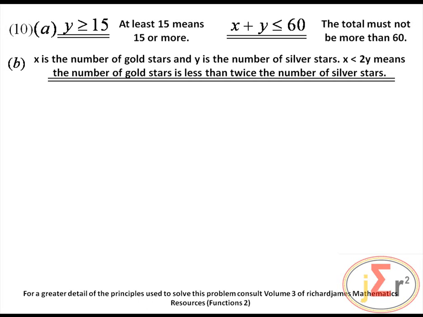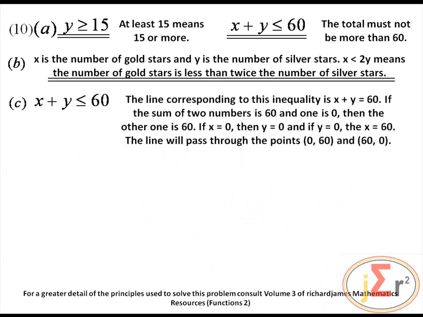We are now about to graph the inequalities. But before doing so, we need to be settled as to the specifics of some of the lines that we will draw. So, X plus Y is less than or equal to 60. The line corresponding to this inequality is X plus Y is equal to 60. If the sum of two numbers is 60 and one is 0, then the other one is 60.